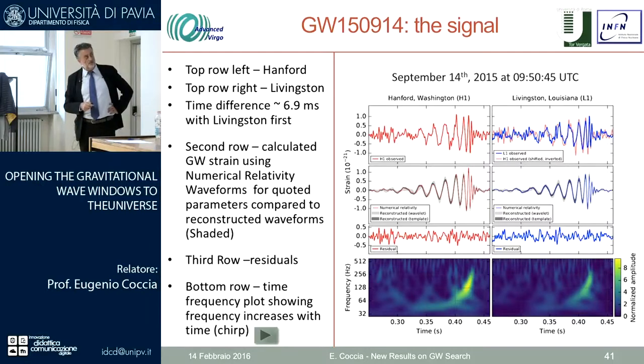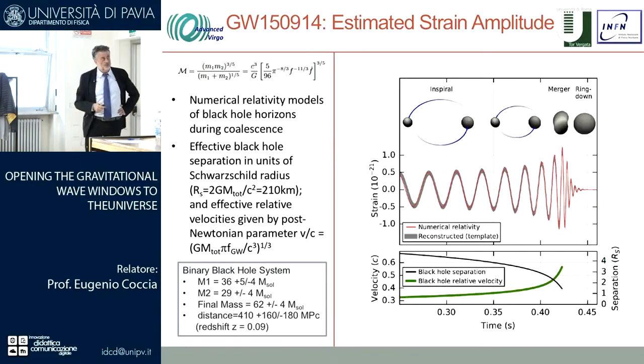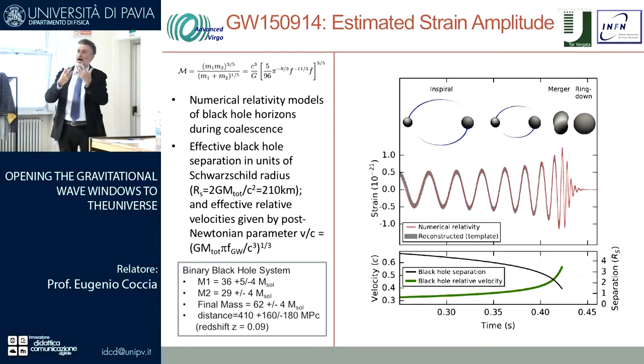If you subtract the noise, you see that the same waveform was seen by both interferometers. So the interpretation of the sound that we received was that we understood it was one black hole of 36 solar masses, the other of 29 solar masses, spiraling together and then merging.